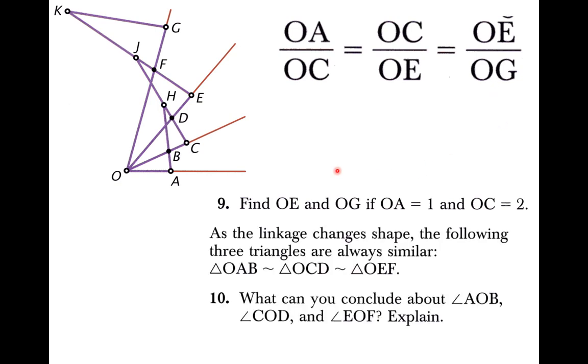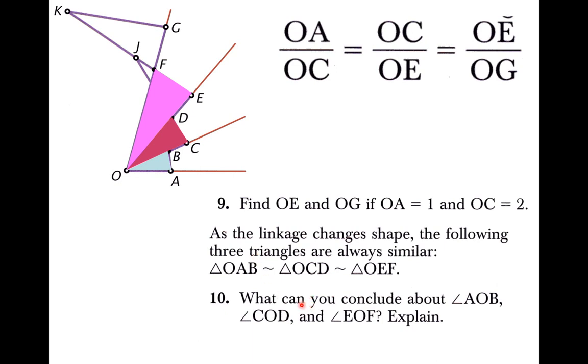It's kind of interesting here, and you'll see it in class, that this whole gizmo, this whole linkage, can be bent and twisted. It moves around. But we're told here that as the linkage changes shapes, the following 3 triangles are always similar. OAB, OCD, and OEF always remain similar.